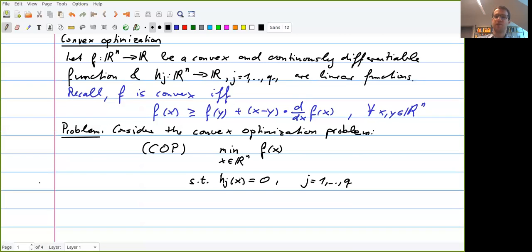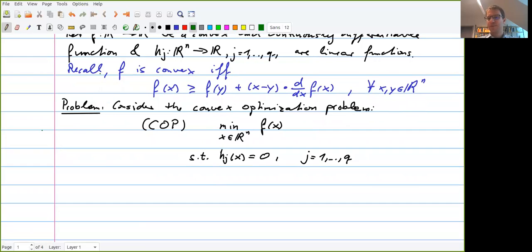And how can we solve this problem? You might have seen it also in some economics courses. It's a nonlinear optimization problem, but it has linear constraints. One classical approach to find a minimizer to this problem is to write down the corresponding Lagrange function. This is the Lagrange method, which characterizes the minimizer x star to this problem.